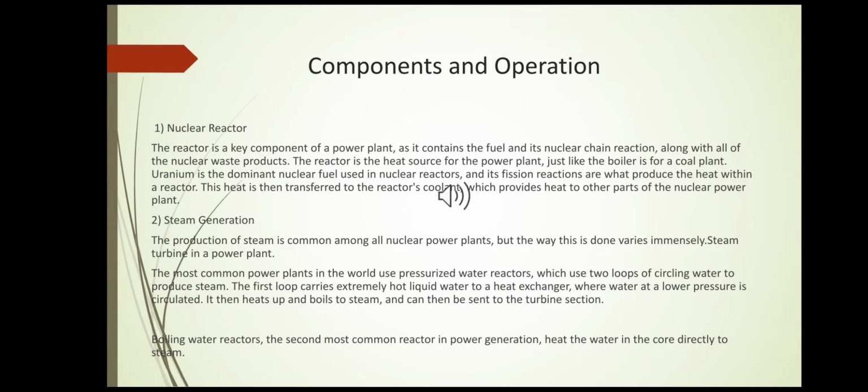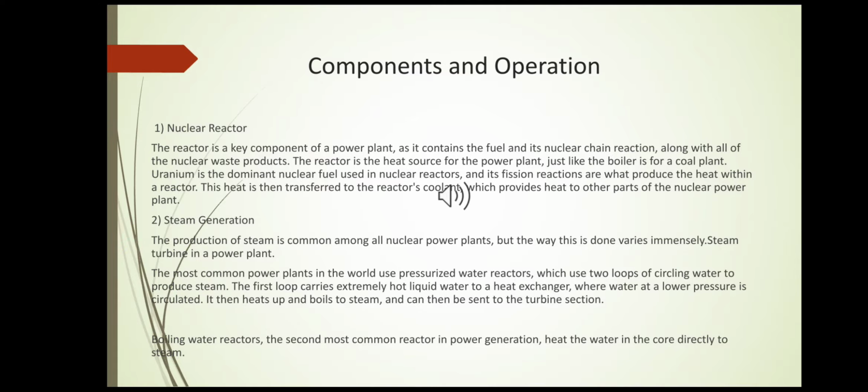The production of steam is common among all nuclear power plants, but the way this is done varies. Steam turbine in a power plant. The most common power plant in the world uses a pressurized water reactor, which uses two loops of circulating water to produce steam.